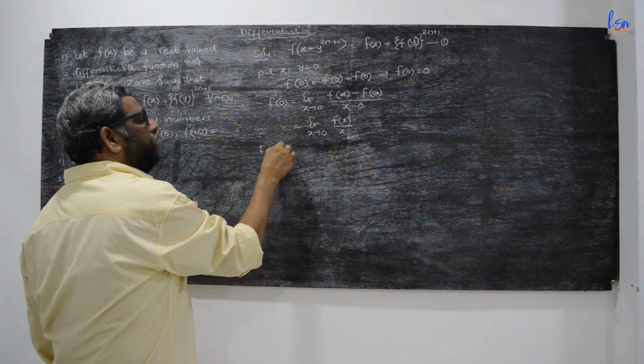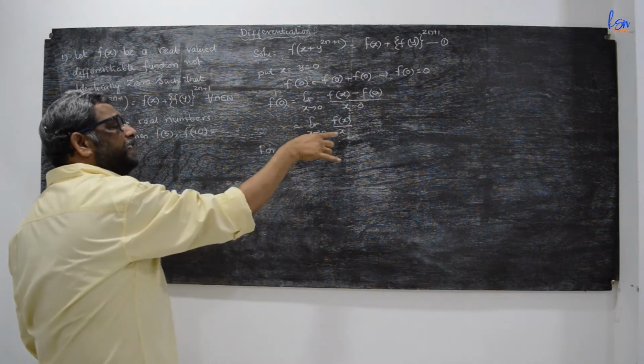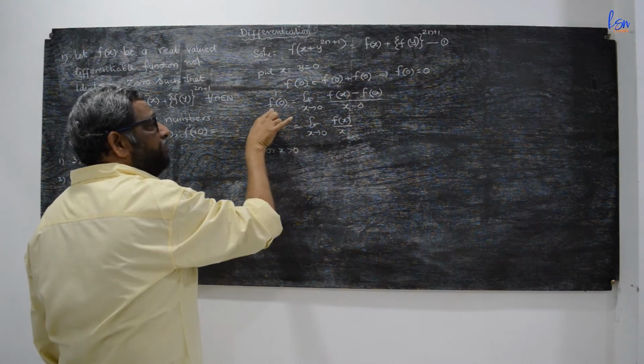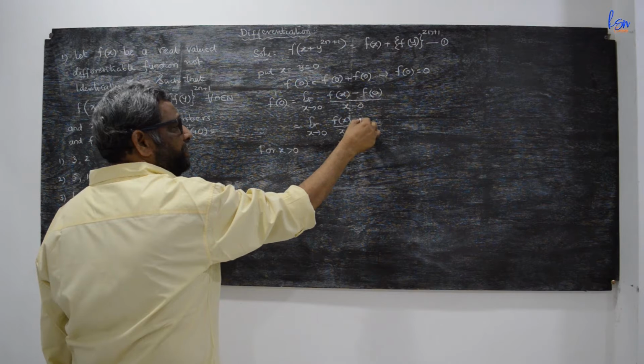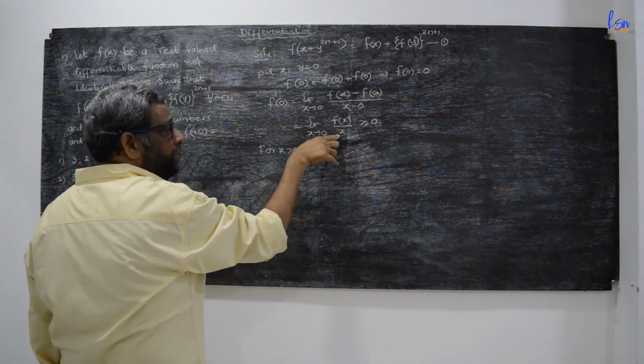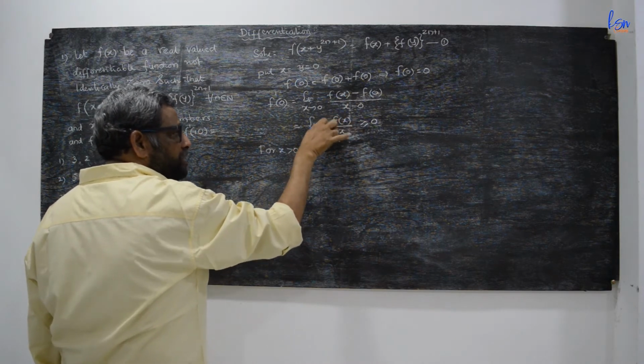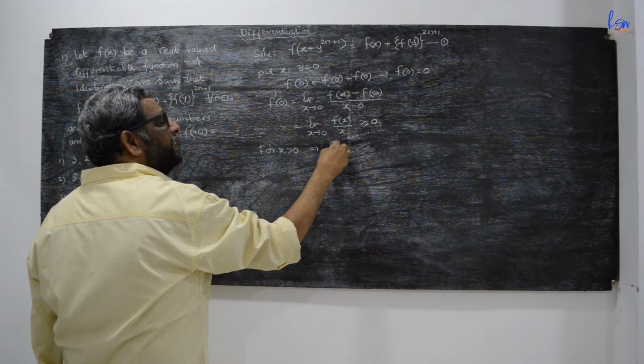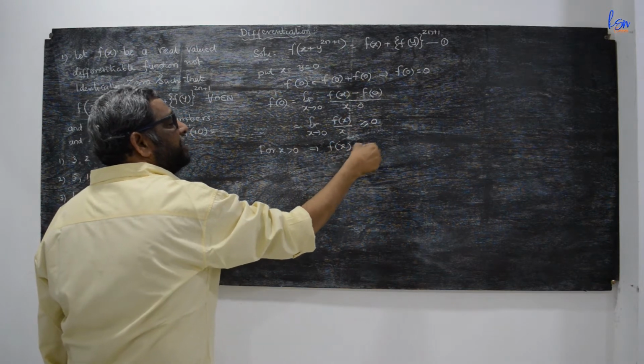For x greater than 0, x being positive and f'(0) being greater than or equal to 0, this is greater than or equal to 0. Now x being positive, f(x) must also be positive, which implies f(x) is greater than or equal to 0.